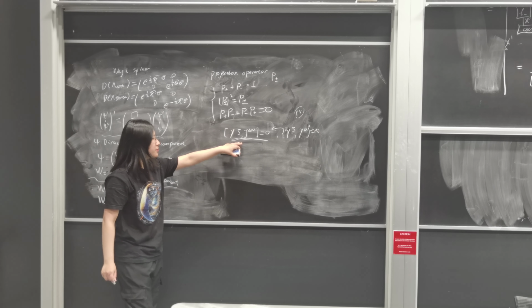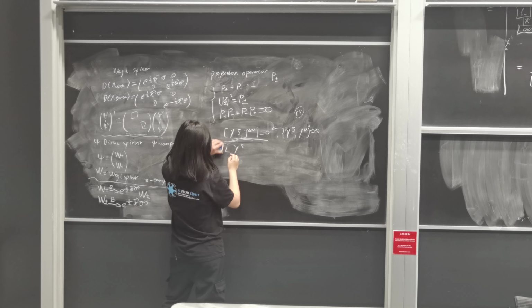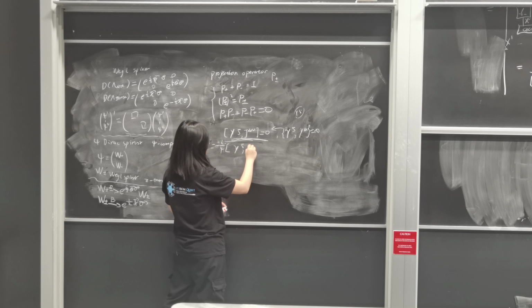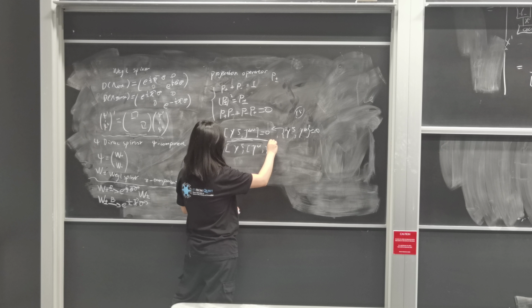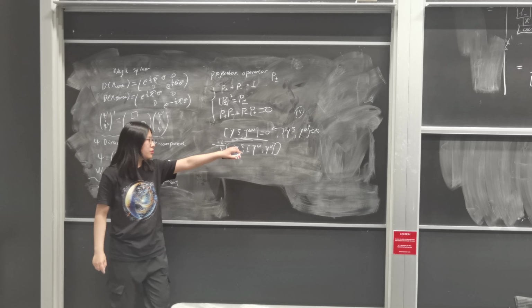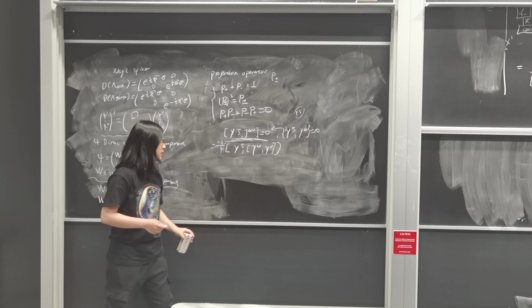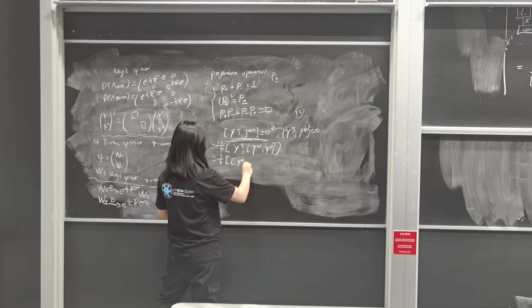You can show this like, you can write it down as this. Since J mu nu is the commutator of gamma matrices, we can write it down as this.